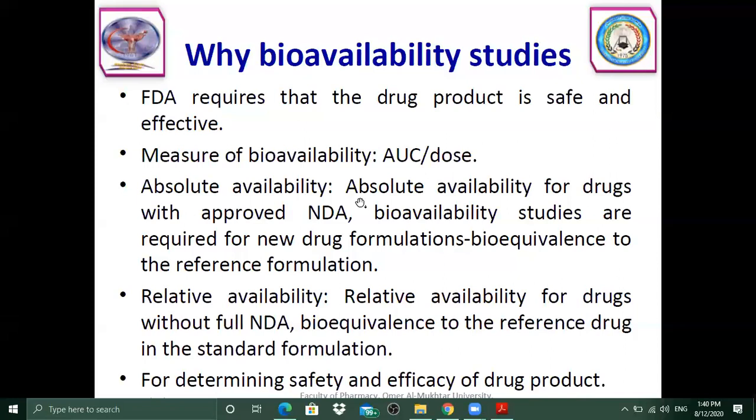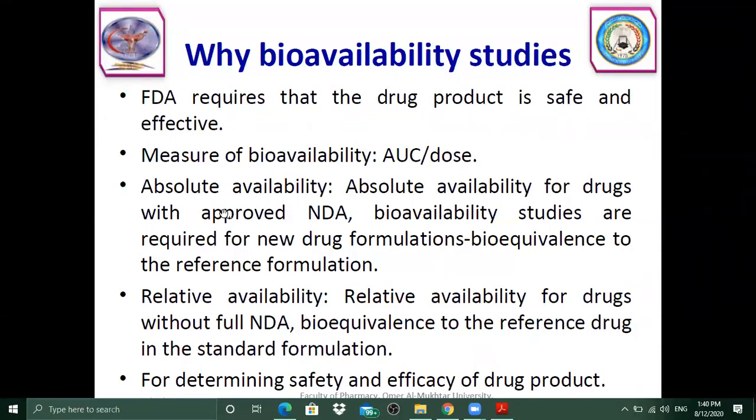For intravenous administration, systemic circulation will be 100%, which means absorption of the drug is 100%. So when you want to find out the absolute bioavailability for a newly approved drug, you'll be comparing the data with the IV formulation.